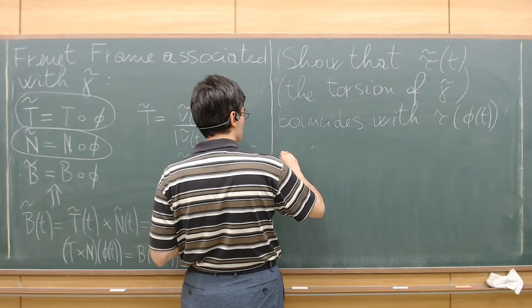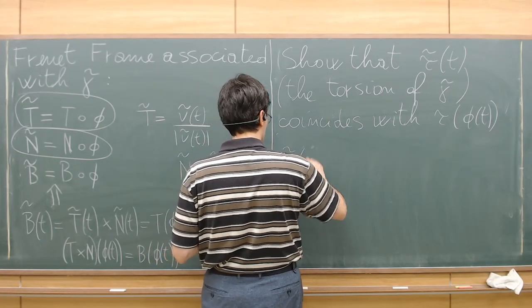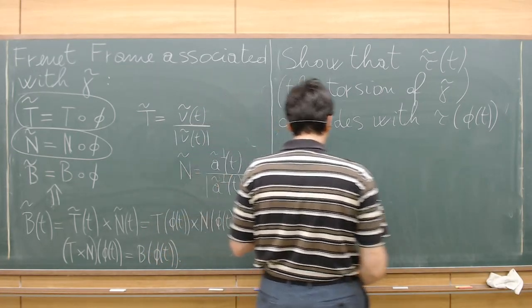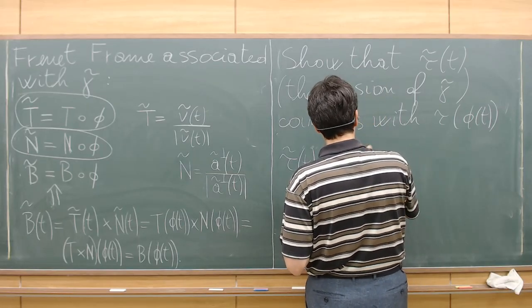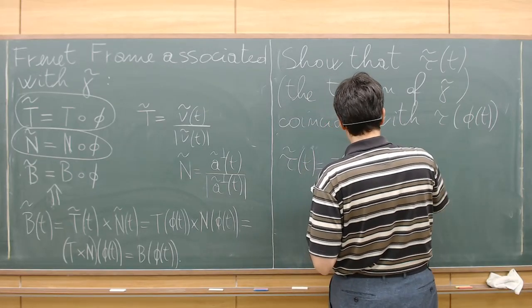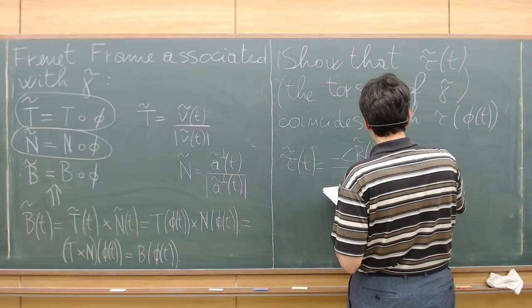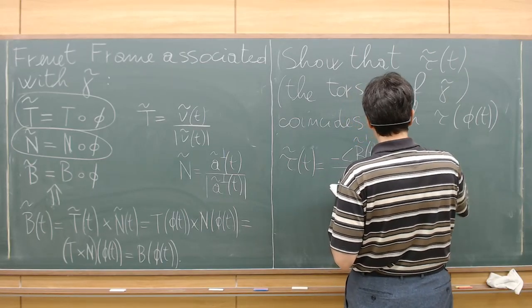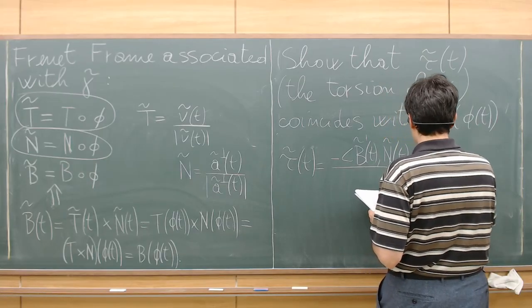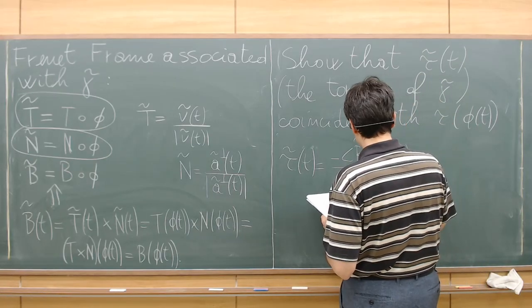Okay, by definition, what is tau tilde of t? This is the quotient of minus B tilde prime of t times N tilde of t, divided by the length of V tilde of t.